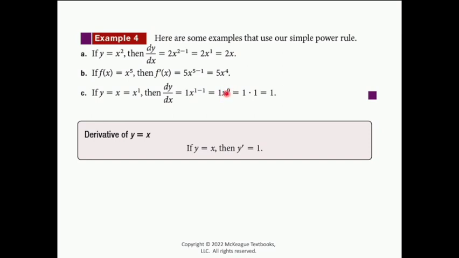And as long as x itself is not 0, then this expression here is 1, right? Anything raised to the 0 power, with the exception of 0, is 1. So here's our rule that if we just have y is equal to x, using the power rule, we have that the derivative is just 1. So this is kind of like a special case of the power rule.